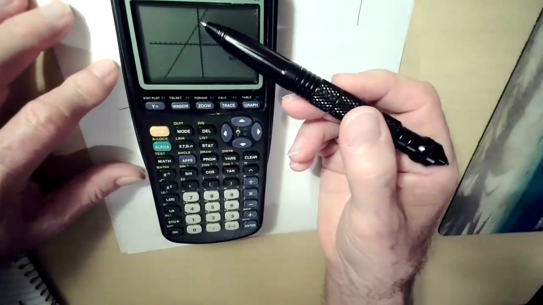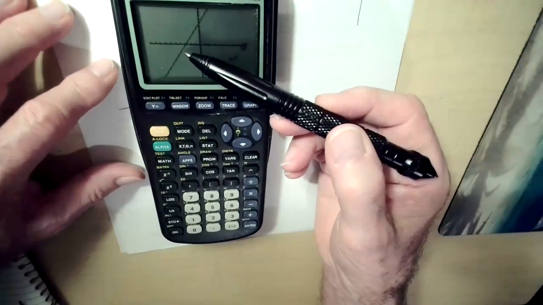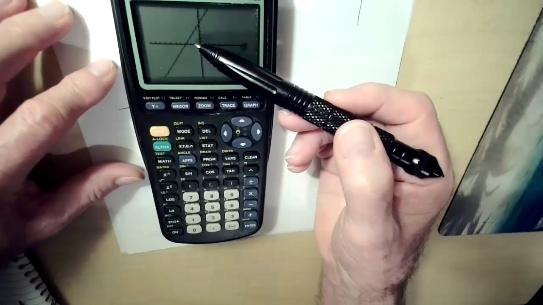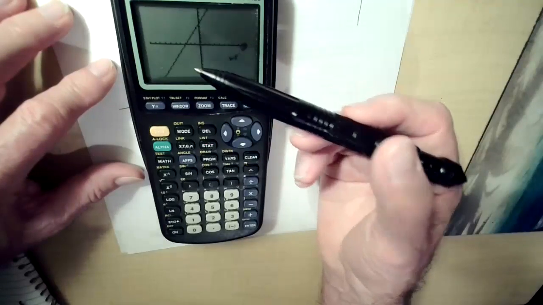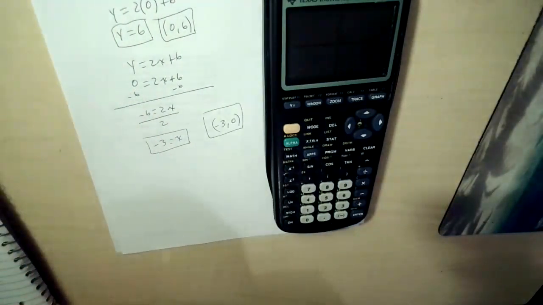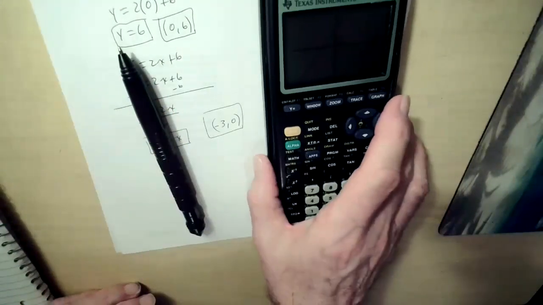Double check, make sure you put it in right. Go to graph. Here's our y-intercept right here, (0, 6). And here's our x-intercept. Each one of these tick marks is 1. So negative 1, negative 2, negative 3: (-3, 0). So we are correct.